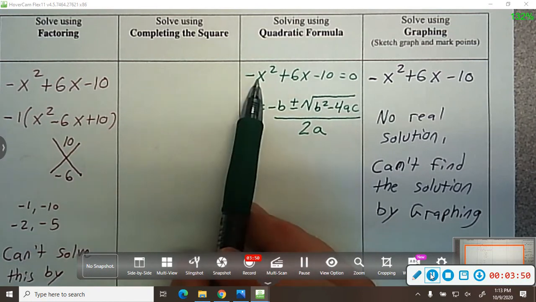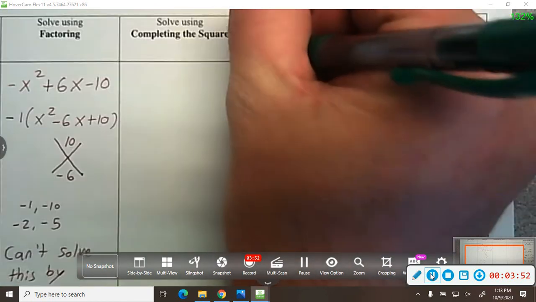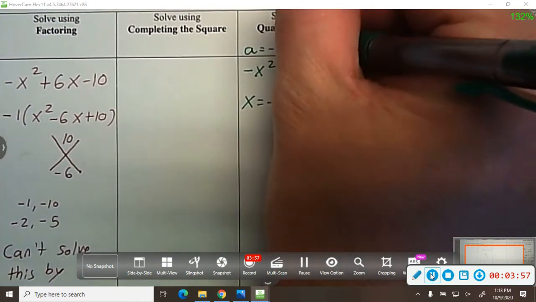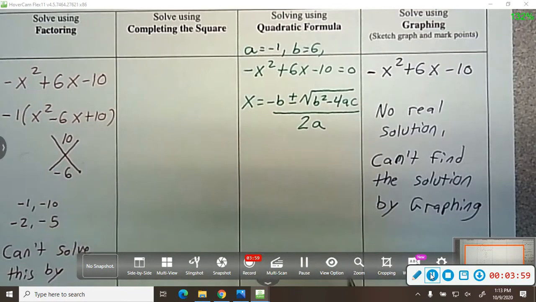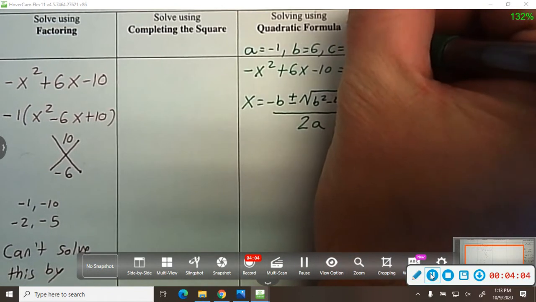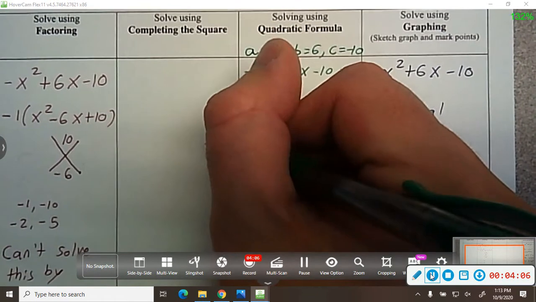Now I know a is negative 1, b is 6, and c is negative 10. So all I need to do is substitute in there.